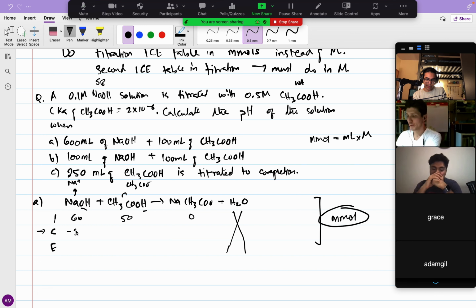We know that we have 10 millimoles. What is the total volume in part A when the two things are mixed? 700. There's 600 mils from here and 100 mil from there. Exactly. Could have chosen better numbers. Anyway, 10 over 700. Exactly. All right, so that's some number. What can I immediately calculate using this number? Moles per liter. Yes, so this is the molarity of NaOH. What can I calculate from that?